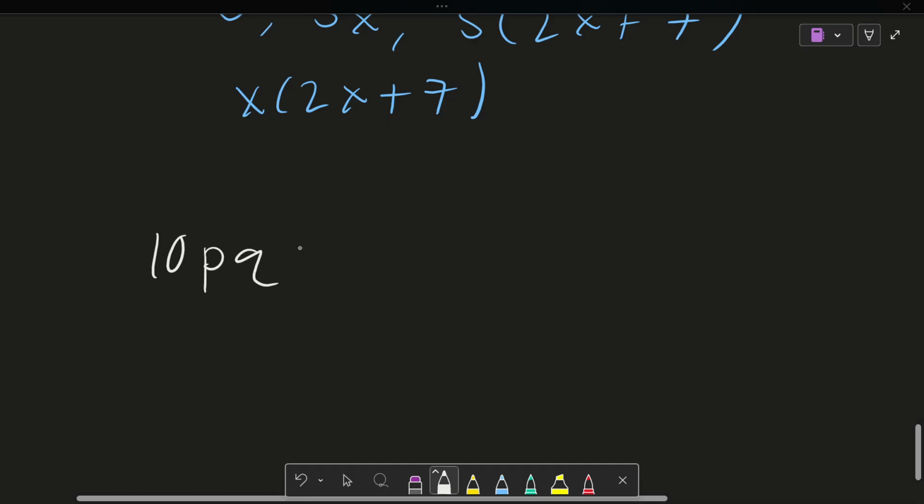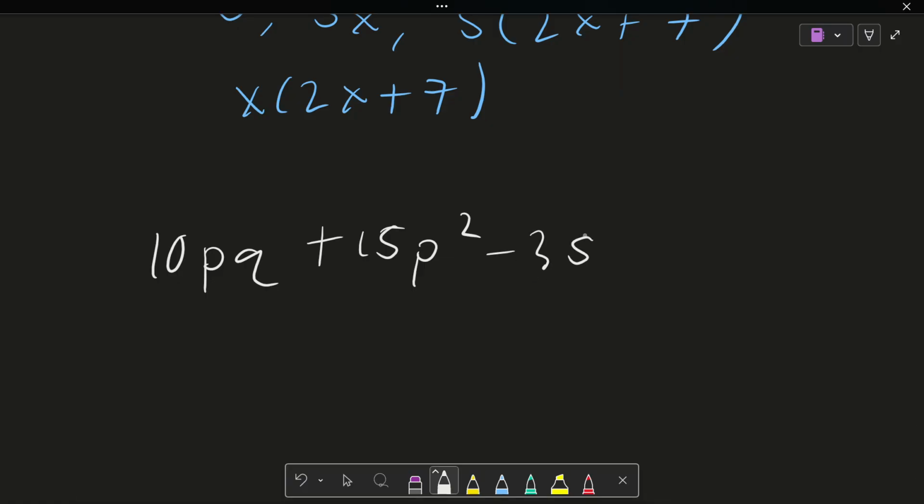10pq plus 15p squared minus 35p. Okay, we can take it this way.